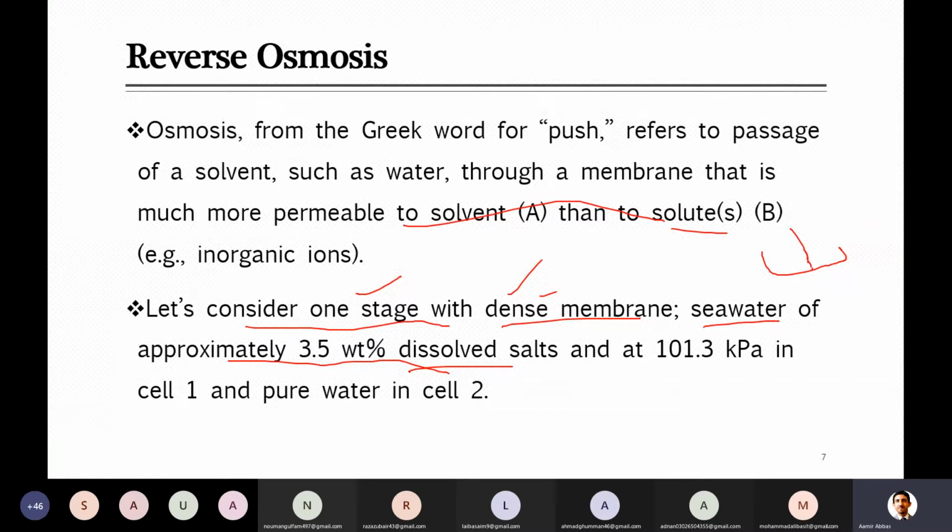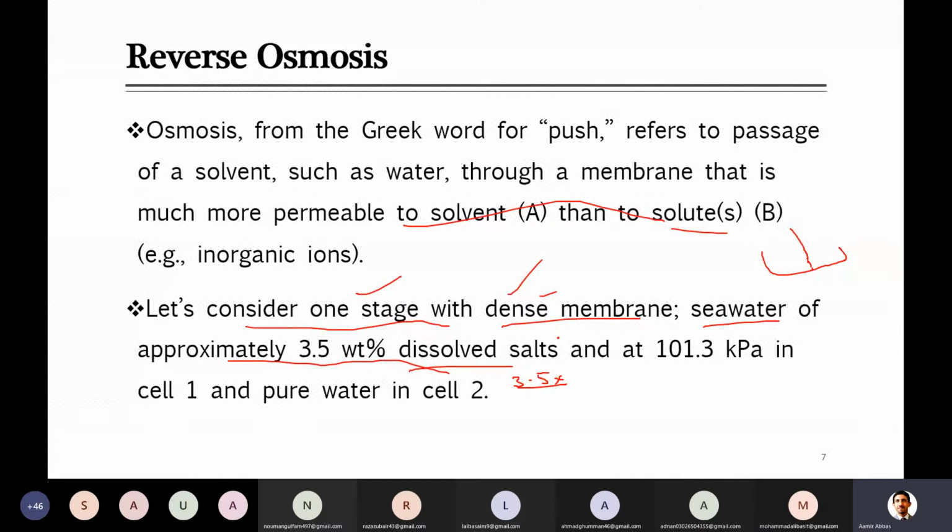So if I look at this number, 3.5%, or 3.5 grams per liter, and represent it in milligrams, you multiply 3.5 grams by 1000 to convert it into milligrams. It will be around 3500 milligrams per liter.